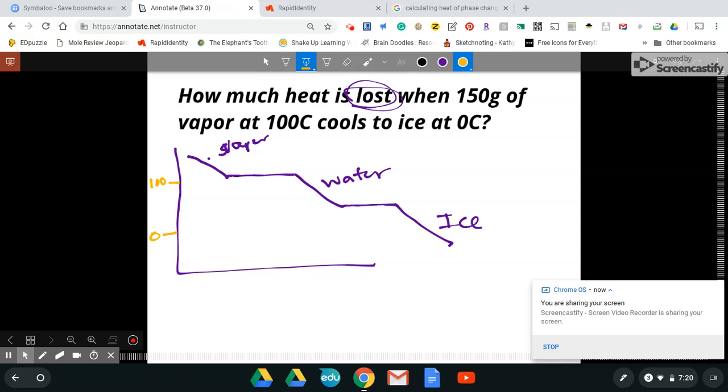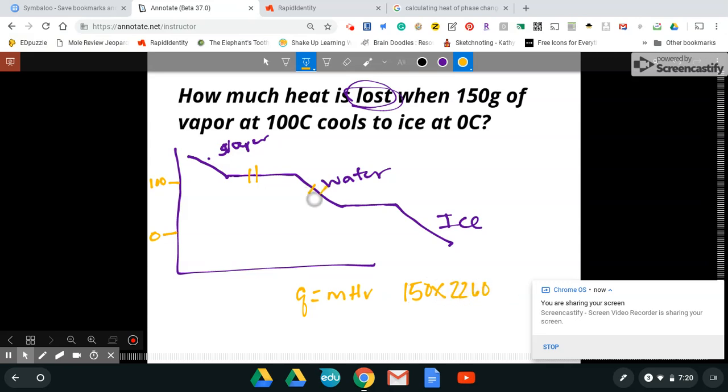So we have 150 grams at 100 degrees, and it's cooling to 0. So that means we are going to start here at 100 because it's vapor. It has not got to water yet. So that's how I know that I've got to use my first equation of Q equals m Hv, which is going to be 150 times 2,260.